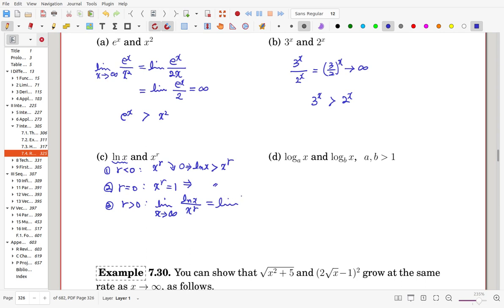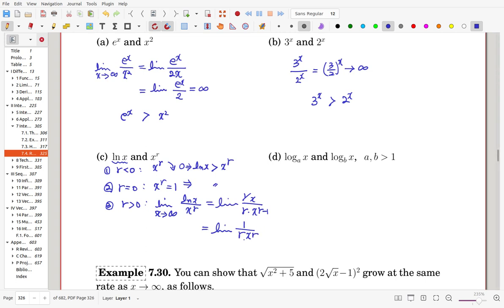Same limit, and the derivative of logarithm x is 1 over x, and the derivative of x to the r is r times x to the r minus 1. We multiply bottom and top by x, then it becomes 1 over r x to the r.